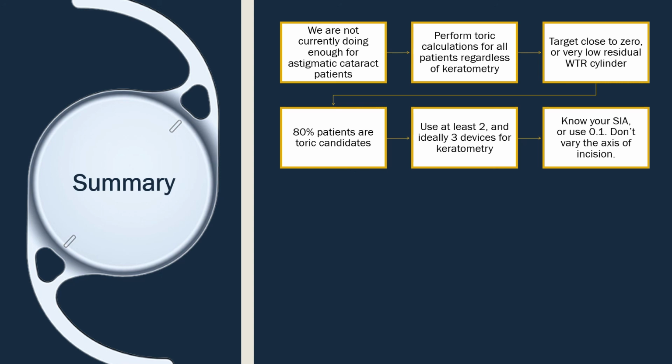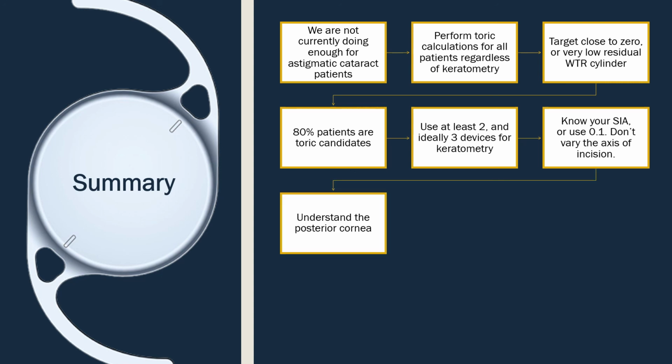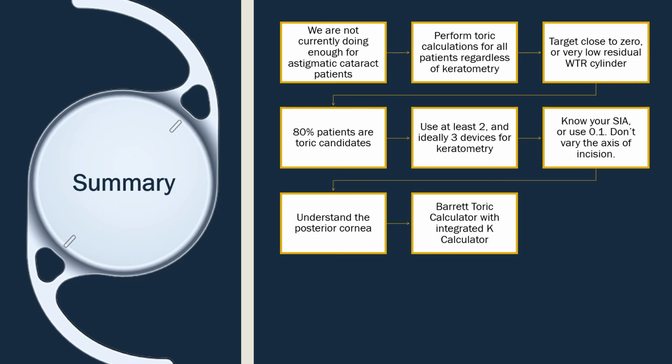Ideally use a temporal near clear corneal incision, but don't vary it from case to case, as this will just muddy the water. You need to understand the posterior cornea and how the various calculators go about correcting for this, and the best option at the moment is the Barrett toric calculator with integrated K function.